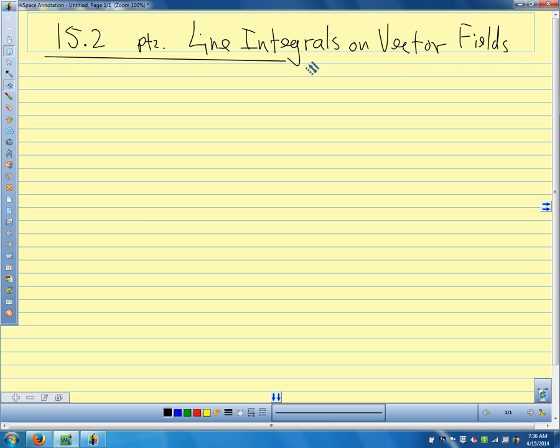All right, so before we talk about line integrals with vector fields, I want to talk about a couple of different kinds of application problems.